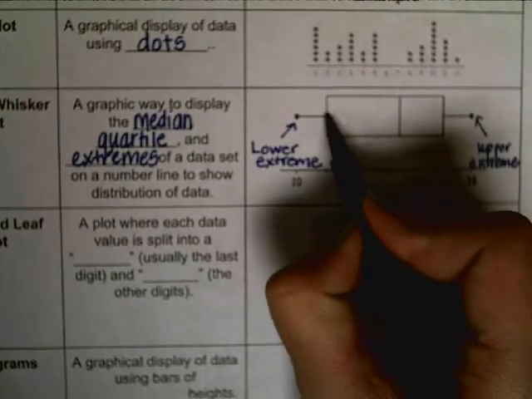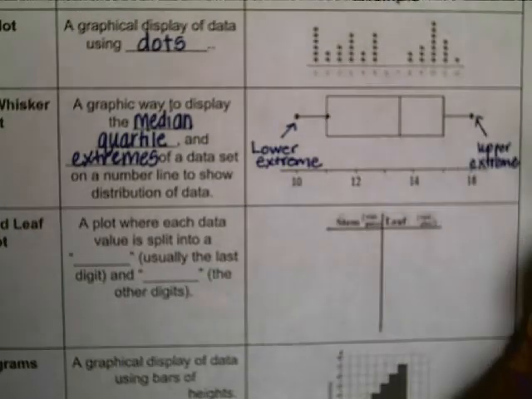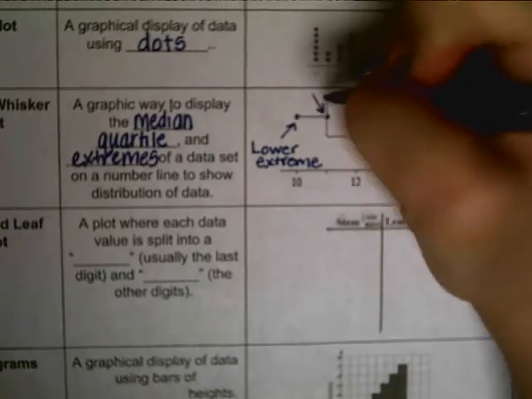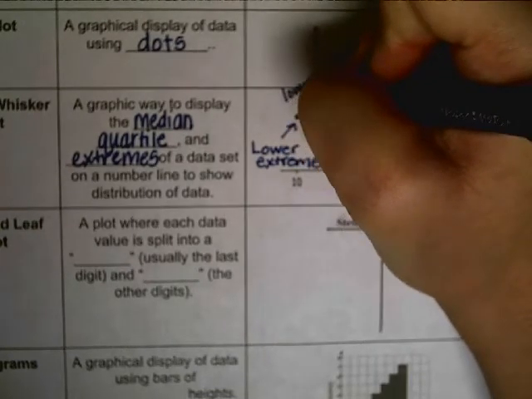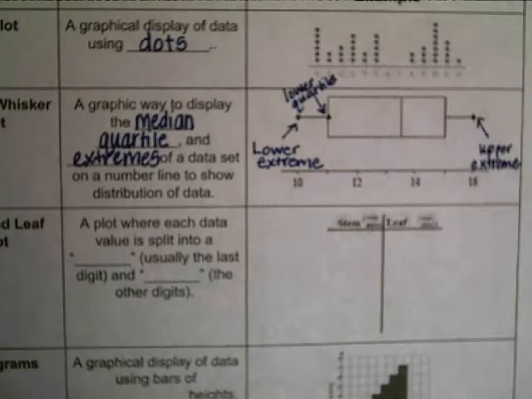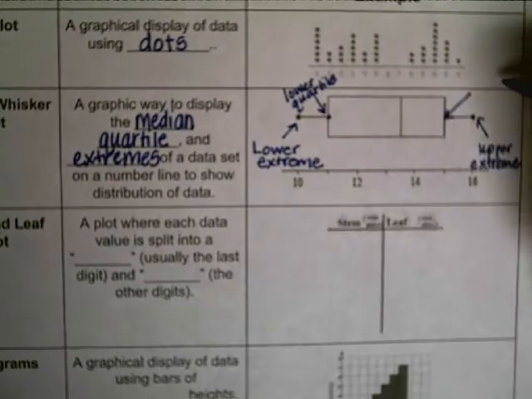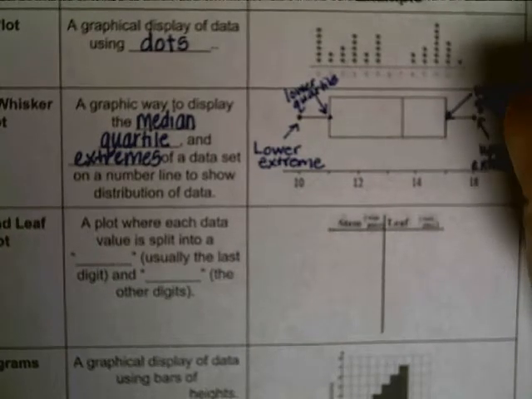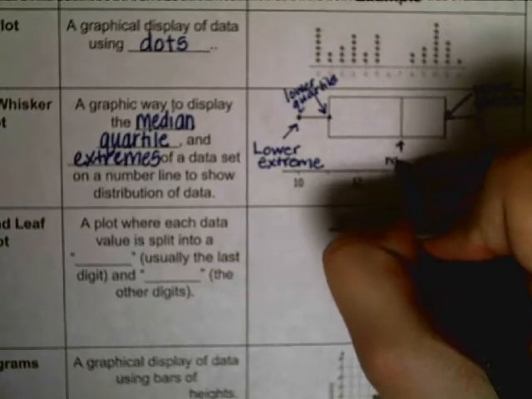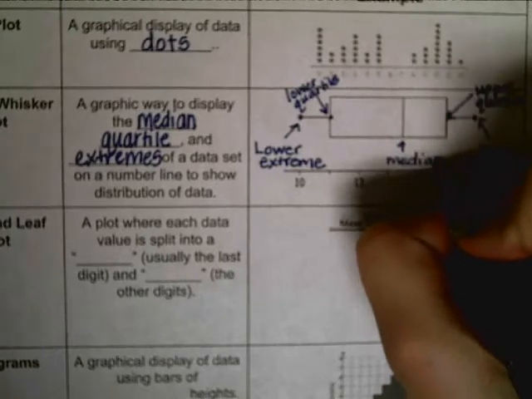The first part, where the box starts, right here, represents your lower quartile. And then the one closest to the upper extreme is your upper quartile. And then you have your median, the line in the middle of your box.